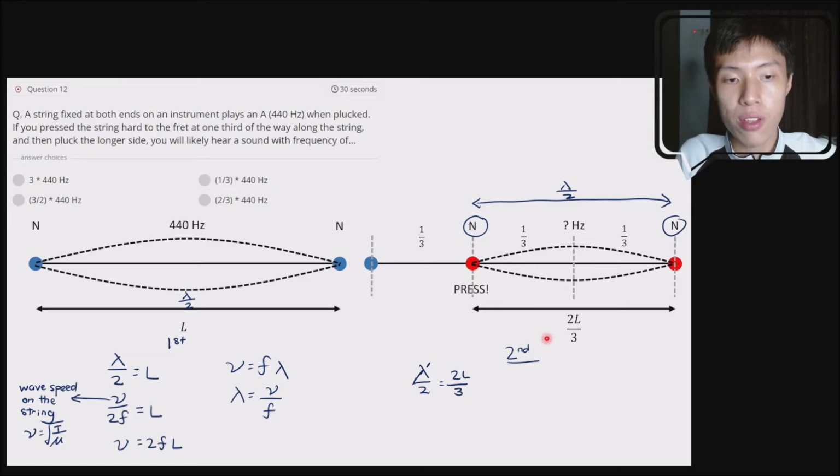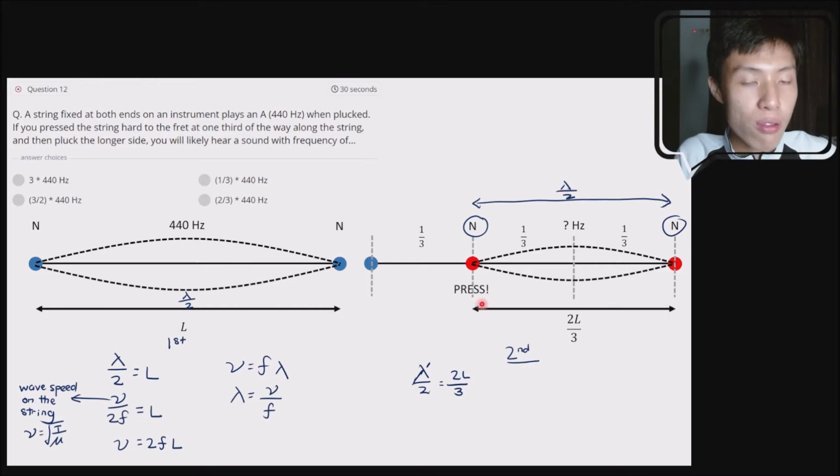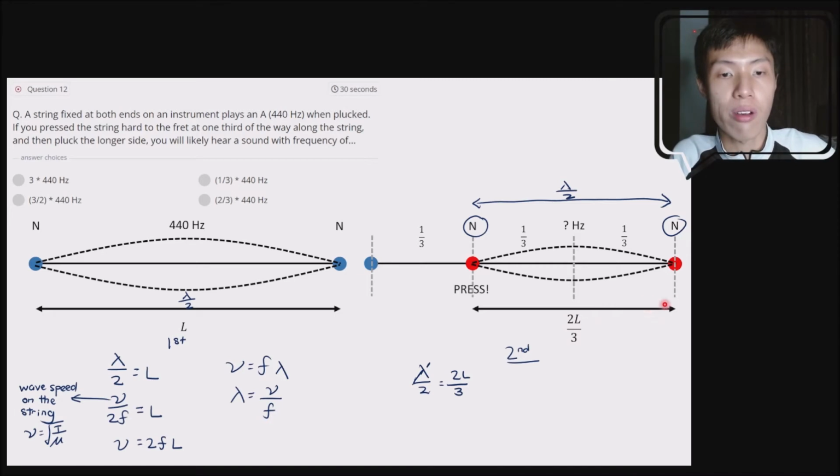So this L for the second situation is the same as the L in the first situation. They are representing the total length of the string. Okay, what for the standing wave right now, you are definitely using this portion of the string only. Therefore, the length that we put is 2L over 3. But what this L represents is still the total length of the string.